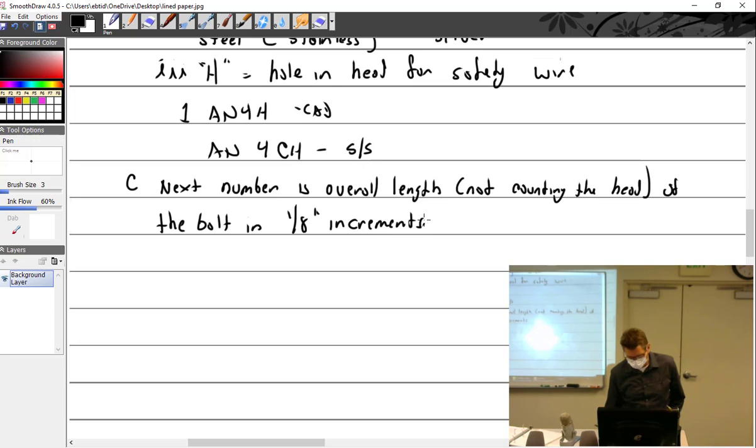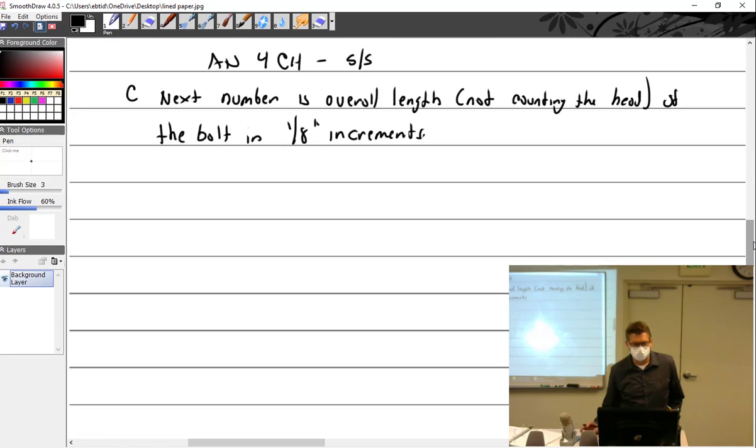Okay. And it goes like this. So we'd have, let's say, a dash, I think a 3 is the smallest they make. Dash 3 would be 3/8. Dash 4 would be 4/8, or half an inch. 5 would be 5/8. 6 would be 3/4.